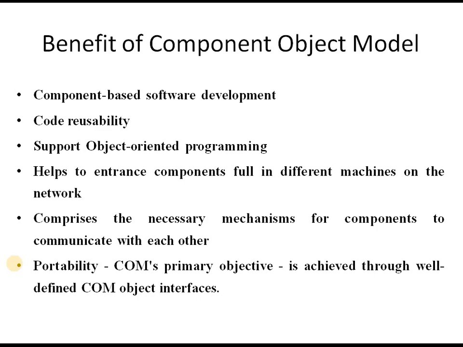That is, applications using component object model can access and share component object model components regardless of location. It comprises the necessary mechanism for components to communicate with each other. In the normal case, two components coded using two different programming languages cannot communicate with each other, but component object model makes it possible for components of different languages.